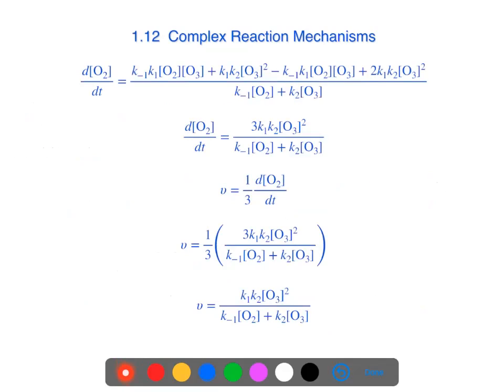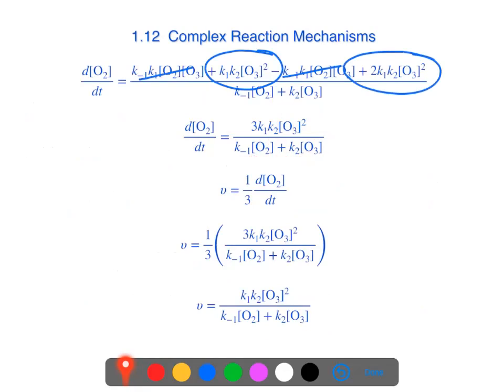And like we saw previously, we're going to have some cancellations. We're going to have cancellation of these 2 terms and summation of this term and this term. And so we end up with the formation of O2 with time being equal to 3K1, K2 ozone concentration squared over the same common denominator.